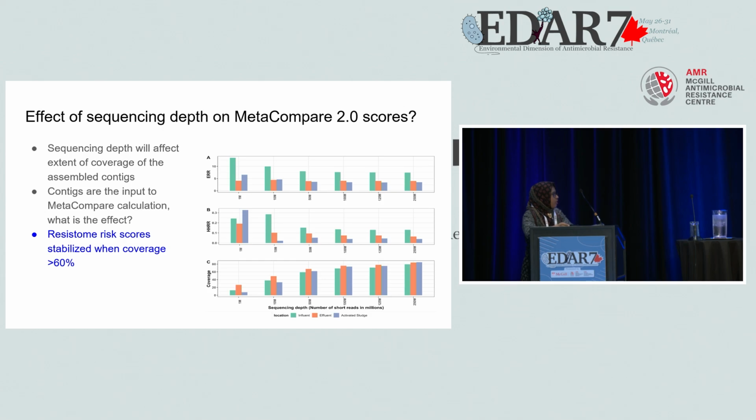So when we compared their risk score, we noticed that for the samples that simulate shallow sequencing, the risk score can vary, and the rank order can be highly different. But for the samples that have coverage higher than 60%, the risk score is kind of stable.